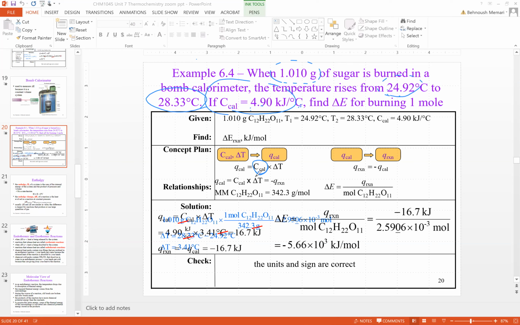The heat capacity for the calorimeter is given times the change in temperature. So if we have the heat capacity already, you find the heat for the reaction, and when you find the value for the heat, you divide that by the molar mass, you would find the amount of heat being released per mole.